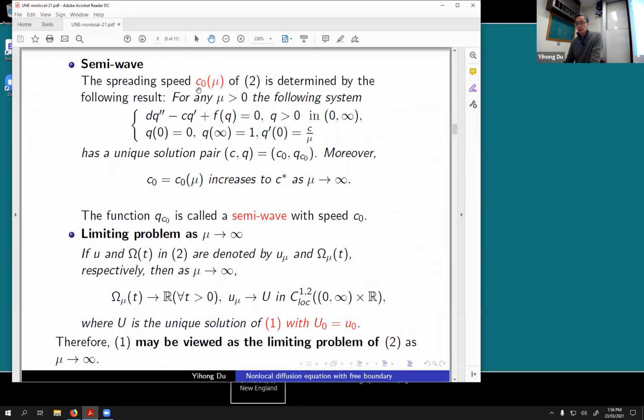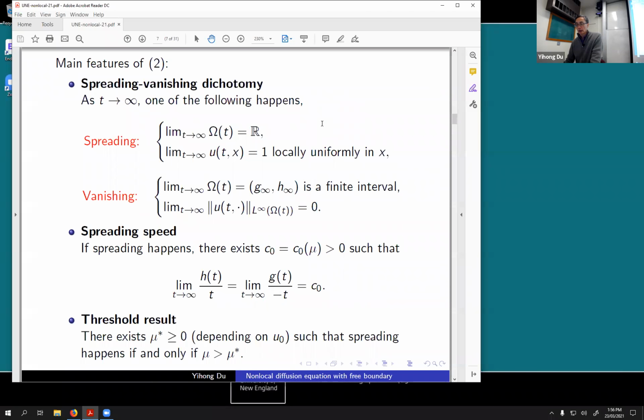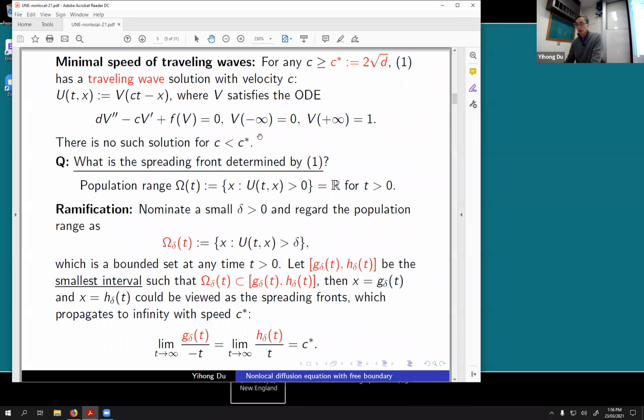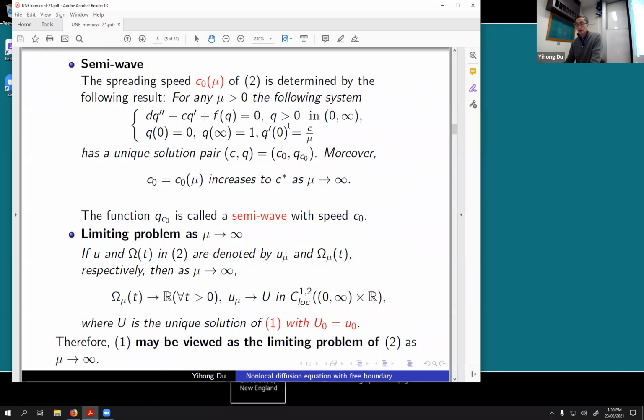Now, how to determine the spreading speed? Well, similarly, we look for a self-similar solution, and this time the modified problem leads us to this problem. Again, an ODE; however, the classical problem leads to an ODE on the entire real line, and this time we have an ODE on the half line, together with the boundary conditions.